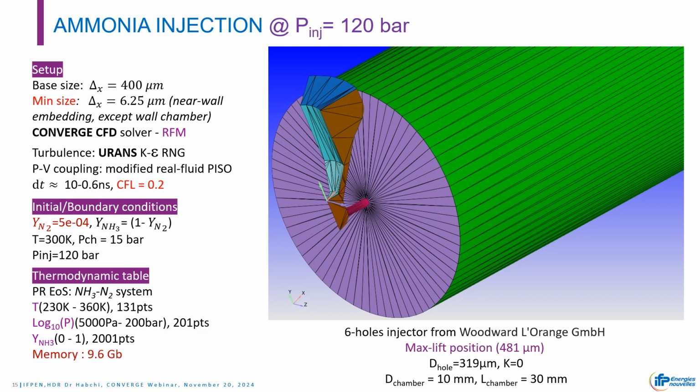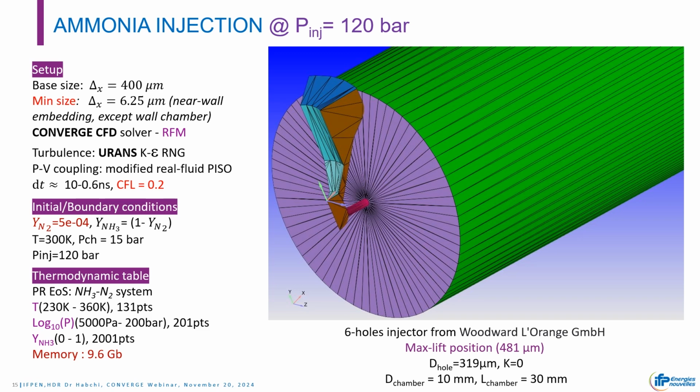Next, we have also the thermodynamic table, which is generated using the ammonia N2 system with 131 points in the temperature axis.